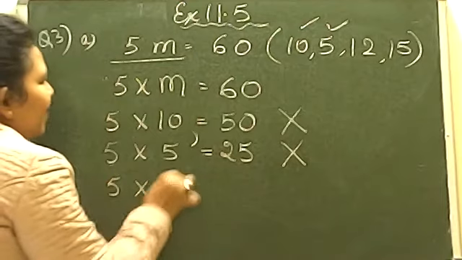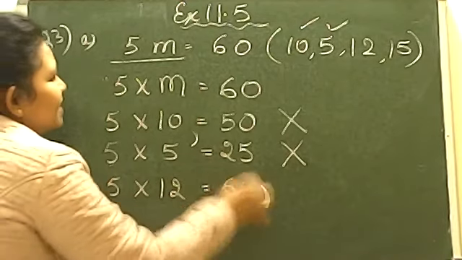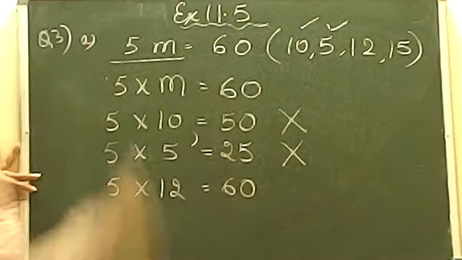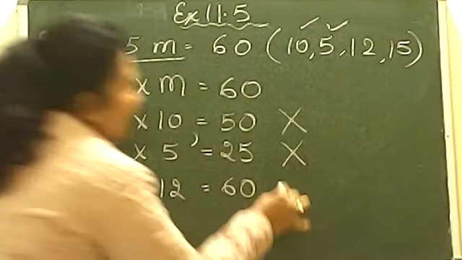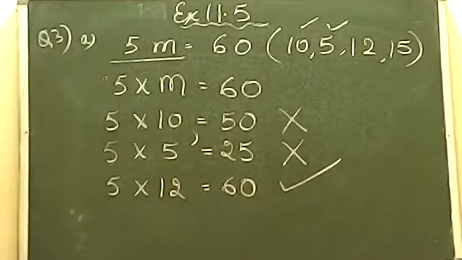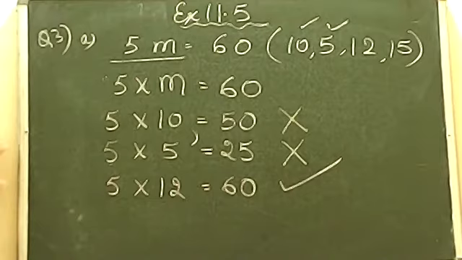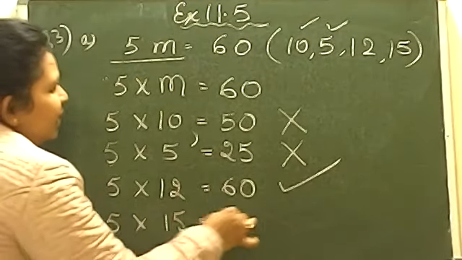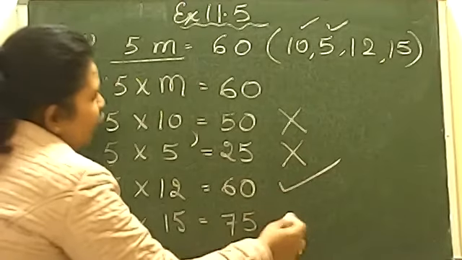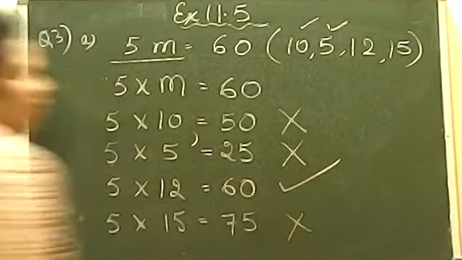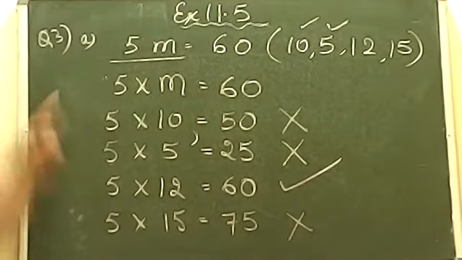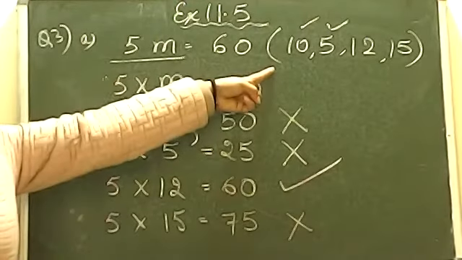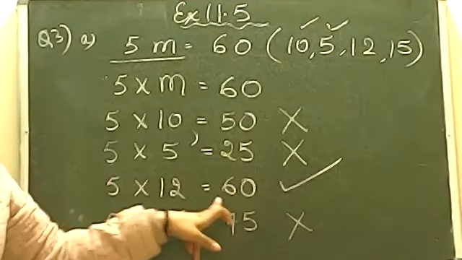5 into 12. 12 fives are 60. We wanted 60 only. It means it is right. So put a right. Okay. And the last one, 5 into 15, which will give you 75. And we wanted 60. So this is also wrong. It means out of 4 options, only one option is right.